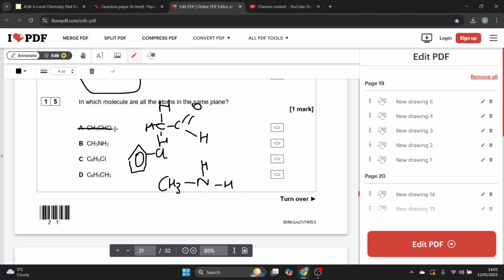Definitely not A. They're not all in the same plane. B, no, so I'm left with C and D. The thing about D is, if I draw that D out, and CH3, well, what about the hydrogens? They're not all going to be in the same plane. Therefore, the answer must be C. Put chlorine here, that's all in the same plane. C6H5Cl.